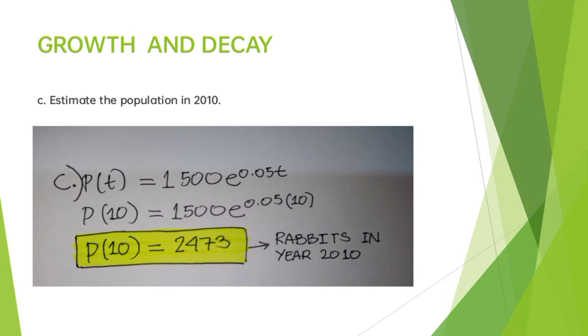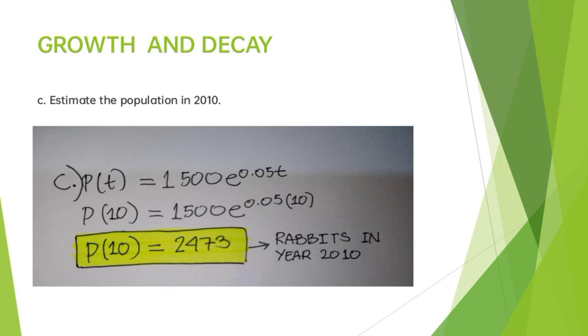We use the general equation for the population that we obtained. P(t) equals 1,500 e raised to 0.05, which is the value of K, times time.